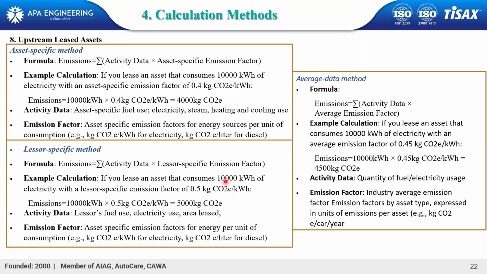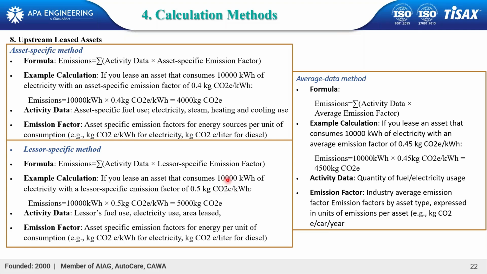So the activity data would be the lessor's fuel use, the electricity, and the area leased. These asset-specific emission factors are the emission factors per unit value of the consumption of the fuel or the electricity.